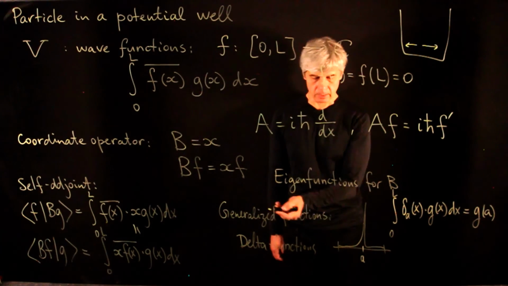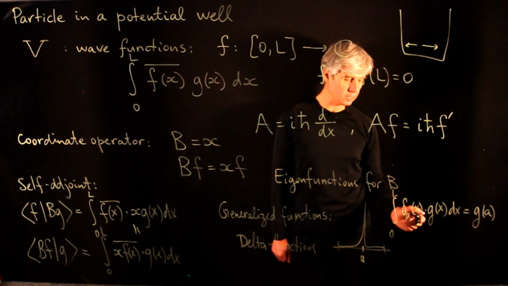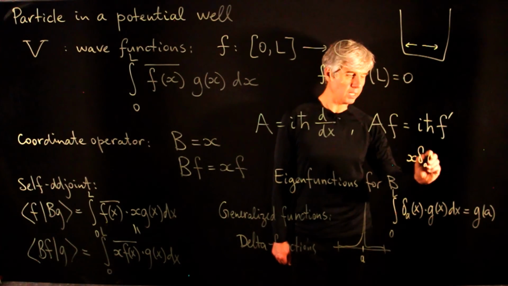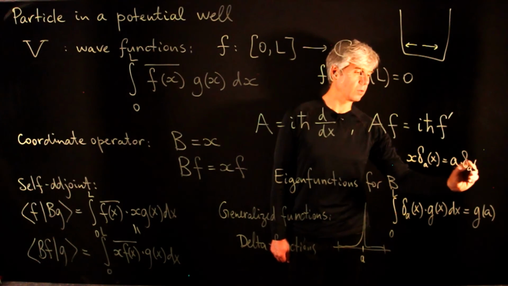And because of this, it is a generalized function. And so this delta function will have the property that x times delta_A of x is equal to A times delta_A of x.